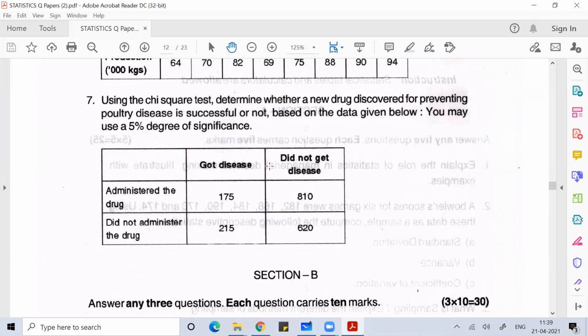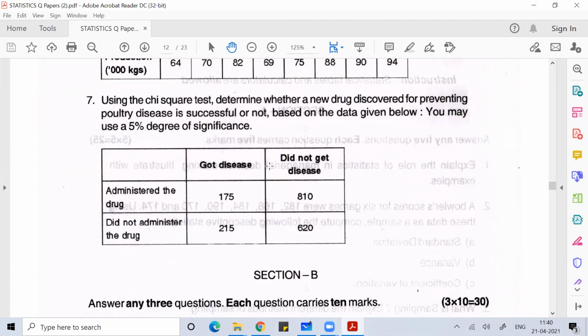If your calculated value is less than 3.84, it means that giving this medicine against this poultry disease is not at all successful, and you better stop this program of giving drugs. If the calculated value is more than 3.84, this medicinal program against the poultry disease will make some sense.